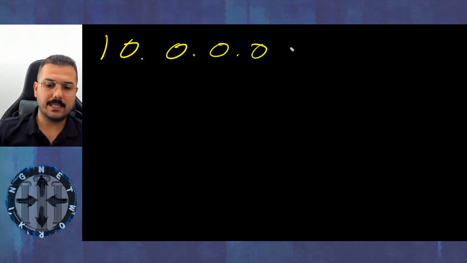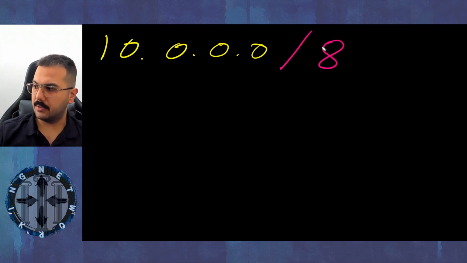Example 5. The smallest subnet mask, the biggest network in the world, is 0.0.0.0/8. /8 is the biggest.